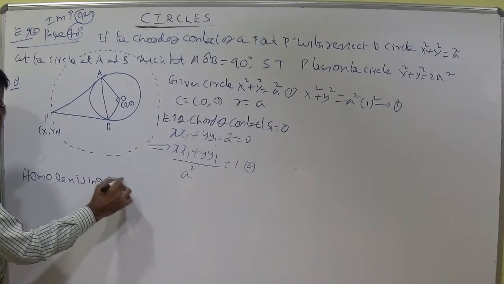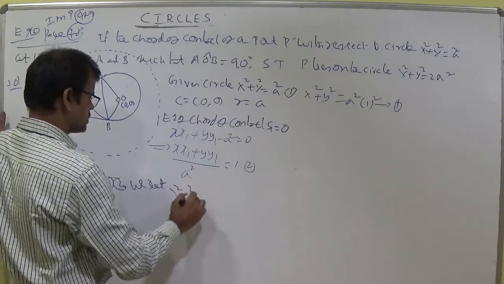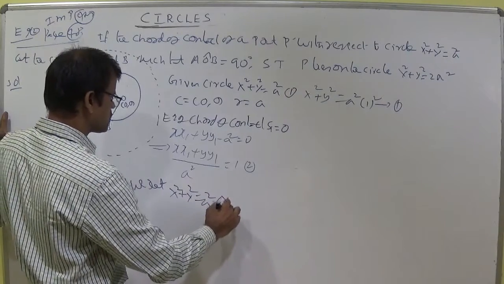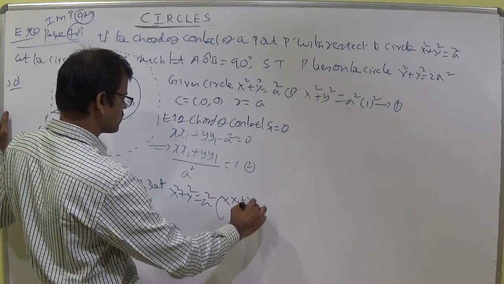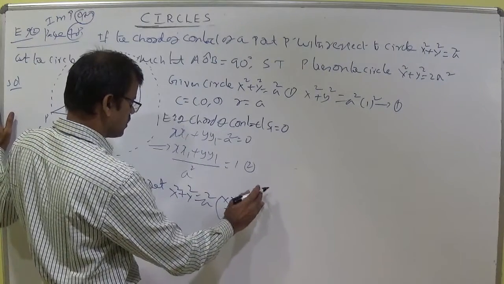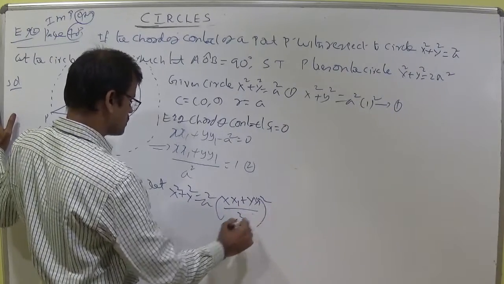Homogenizing 1 and 2 we get x square plus y square is equal to a square into (xx1 plus yy1 by a square) whole square.